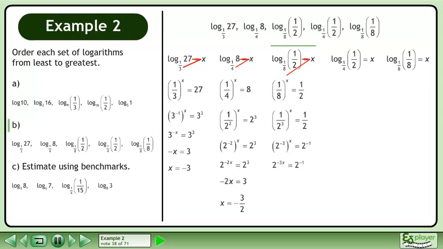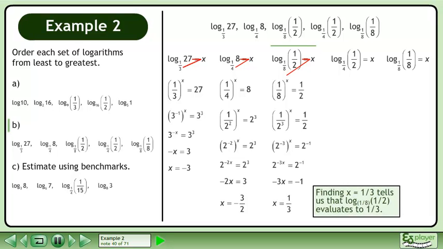Multiply the exponents. Set the exponents equal to each other. This gives us x equals 1 over 3. Finding x equals 1 over 3 tells us that the 1/8 base logarithm of 1/2 evaluates to 1 over 3.